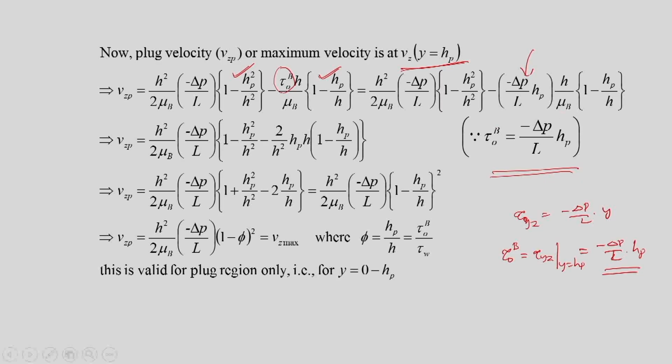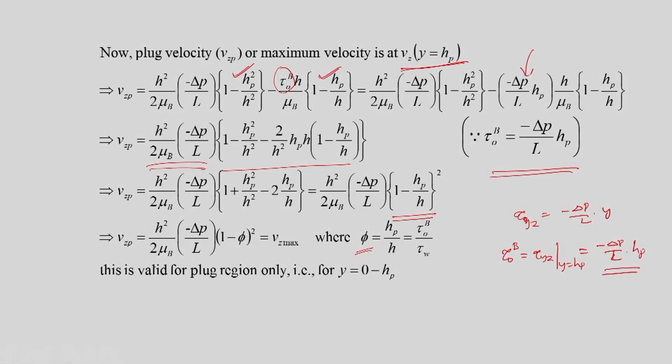Now, from this step, you take common h square by 2 mu b minus delta p by L, and the remaining terms are inside the parenthesis as they are. You simplify these terms, and you get 1 plus h p by h whole square minus 2 h p by h, that is nothing but 1 minus h p by h whole square. So, h p by h is nothing but tau naught b by tau, which we define as pi.